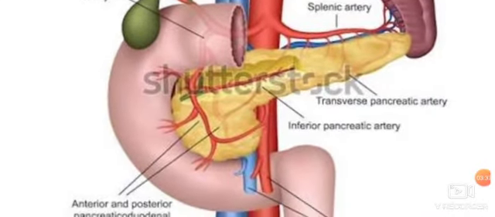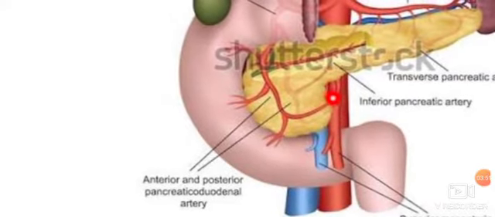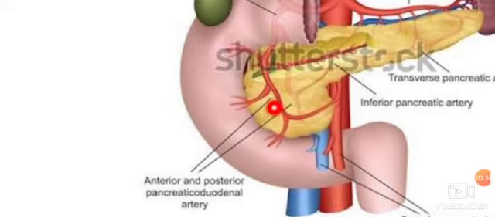In this picture we can see the superior border has the superior pancreaticoduodenal artery, and the inferior border has the inferior pancreaticoduodenal artery. In this picture these arteries are not shown close to the borders, as if they are present over the surface, but actually these arteries are present along the borders.